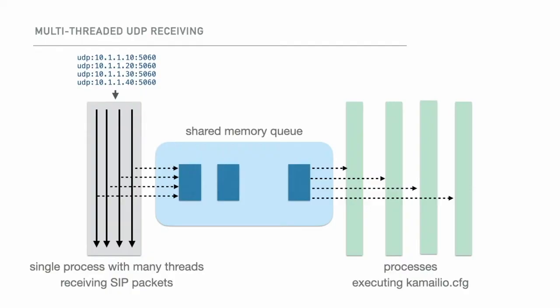You define how many processes are the consumers. So now practically there is a single reader and many consumers. All the consumers, the processes that execute the config file, can send out, so they don't send anything back to the first process running the threads.